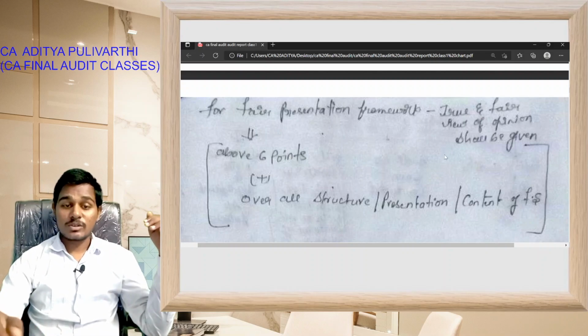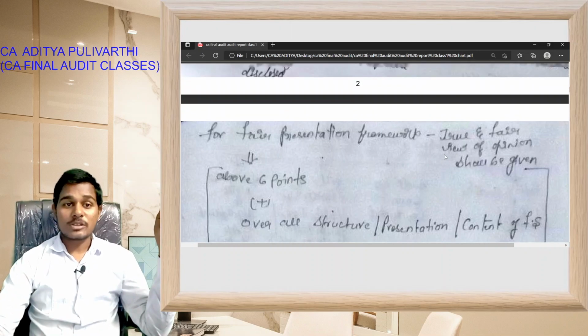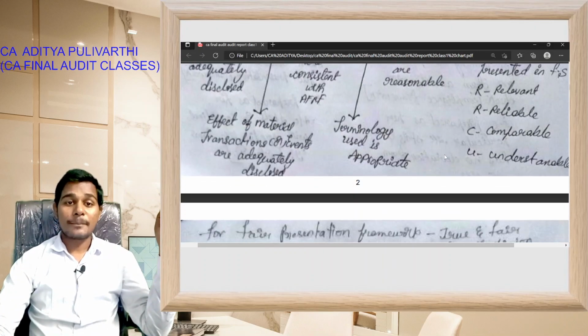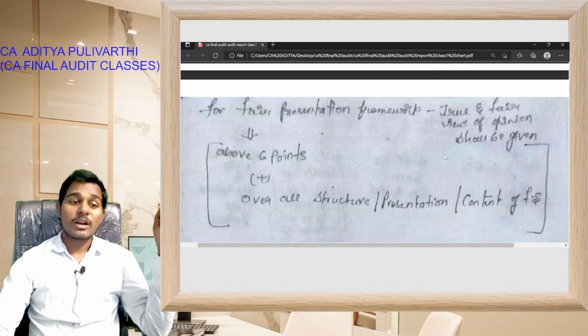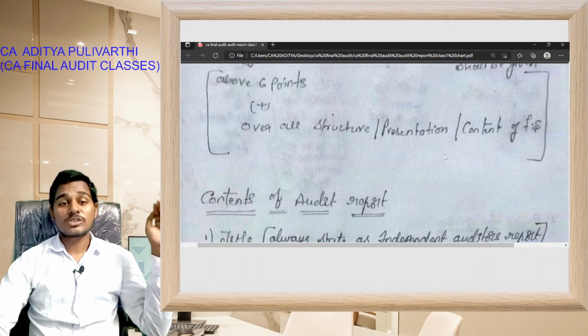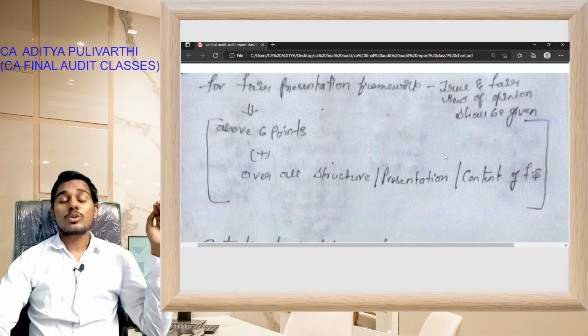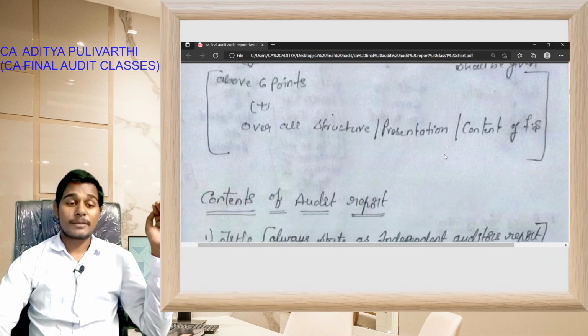In the case of compliance framework, the auditor should check the above 6 points, but in the case of fair presentation framework, the auditor should check the 6 points plus the overall structure, presentation and contents of financial statements, after that the auditor will issue a true and fair view opinion.